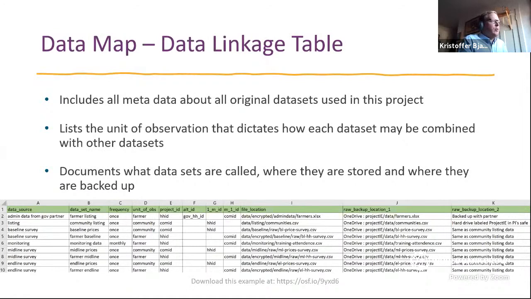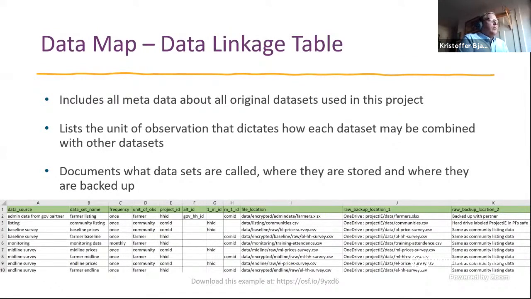In these communities, you will have community 1, 2, 3, maybe that's the ID. You will have that ID in the community listing, and it will be exactly a one match of the prices in the baseline prices. So both of these units of observation are communities, and you will find community 1, 2, 3 in both of them, and there's a one-to-one row match there.